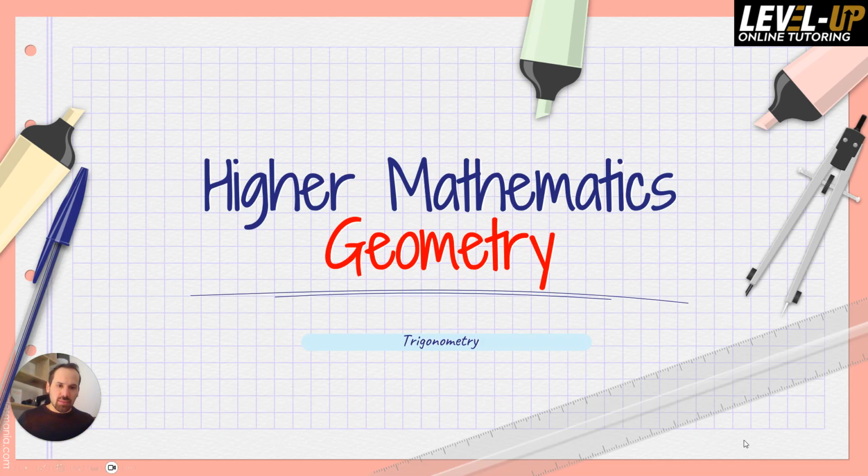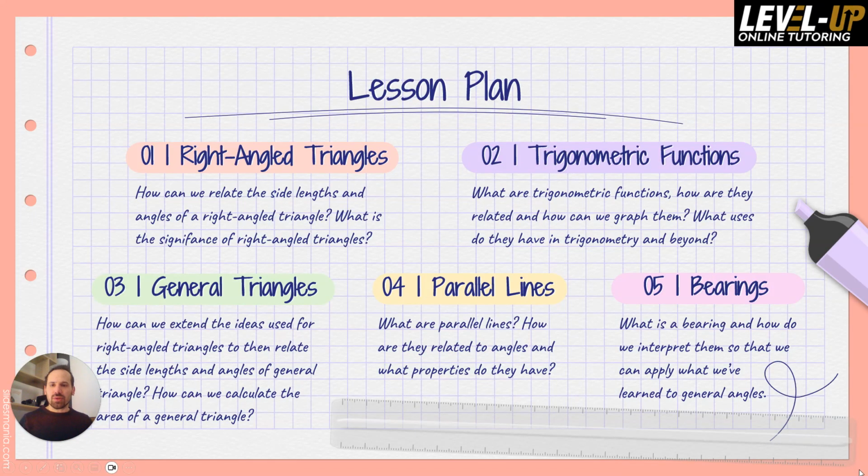So let's look at the lesson plan for today. We're starting with right angle triangles, the simplest one, to see how we can relate the sides and angles of a right angle triangle. Here we introduce trigonometric functions, which are defined by a right angle triangle, and then we're going to use that to relate the angles and sides of a general triangle, which is where we want to get to, really, not just right angle triangles, but all triangles.